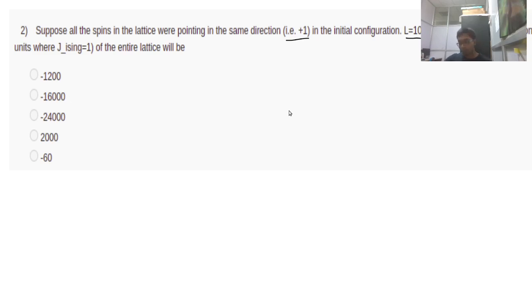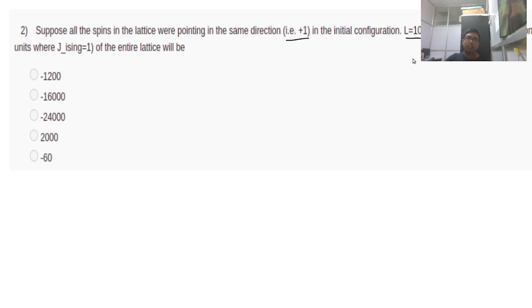So when I tried this program by myself, I found that this value must have some fault with it. Because I was getting a value of -3000 for L equals 10, and as soon as I took L equals 20, it gave the value of -24,000, and that was the given answer in that assignment.